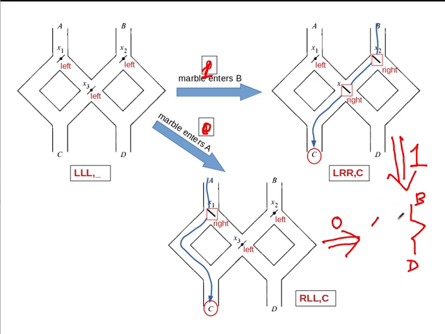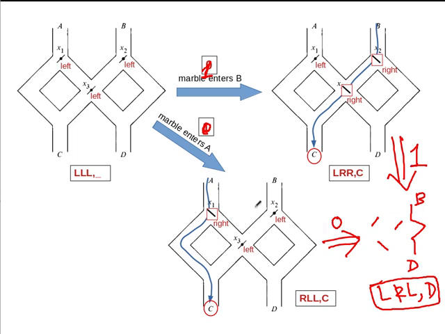This will be flipped to this position, and this will be this. So it will be left, right, left, and this is D. So this will be left, right, and then D. So this is the next configuration that you reach if you are here and providing input 1.